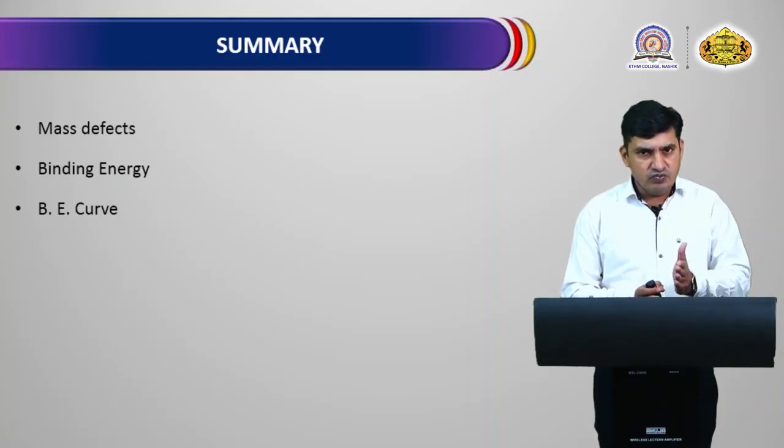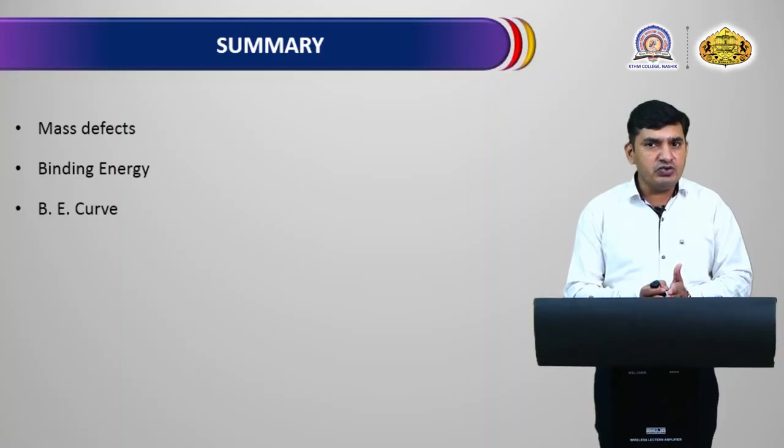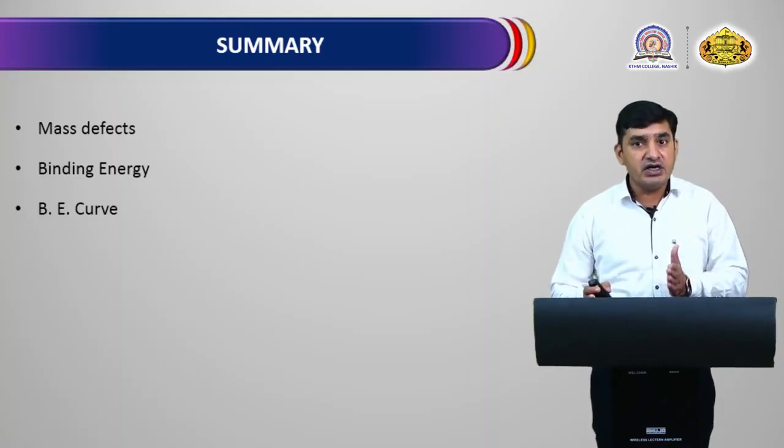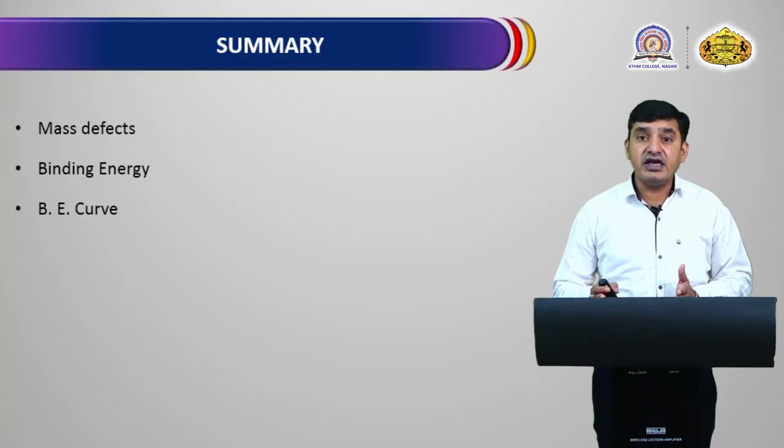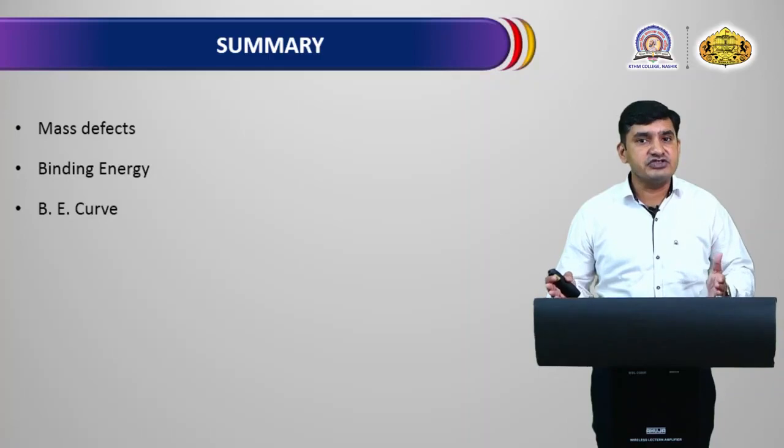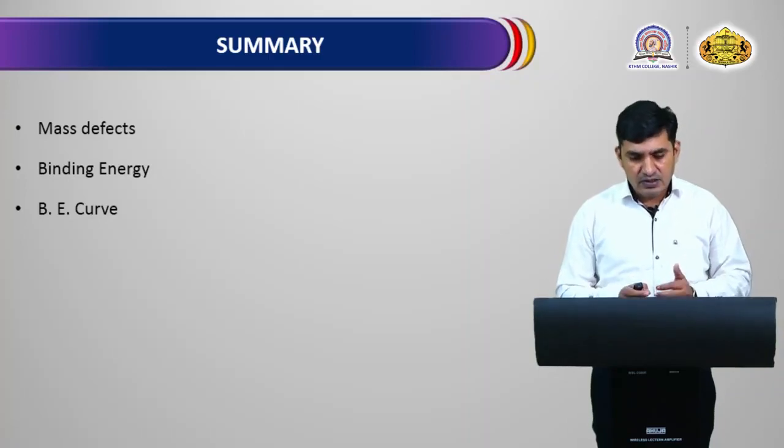Elements which have mass number between 40 and 120 have stable nuclei, and elements which have mass number greater than 120 again have unstable nuclei.